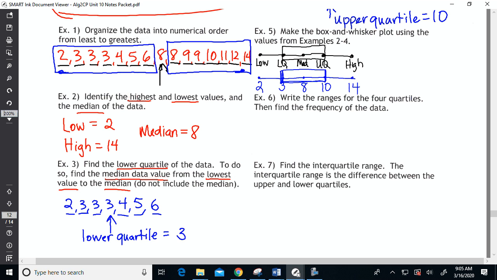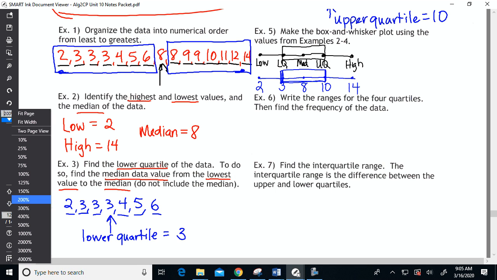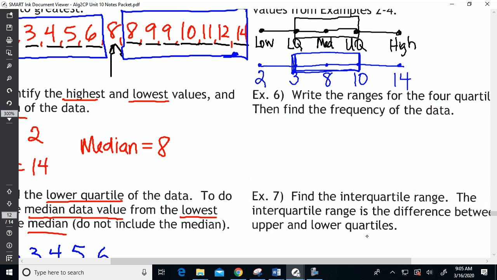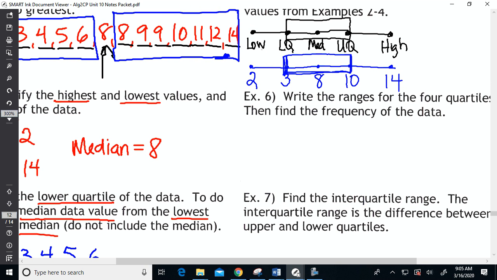Example 6. Write the ranges for the 4 quartiles of data, and then find the frequency of the data. So ranges is basically going from segment to segment, going about it step by step, and telling what numbers would go where. So the ranges are pretty simple.